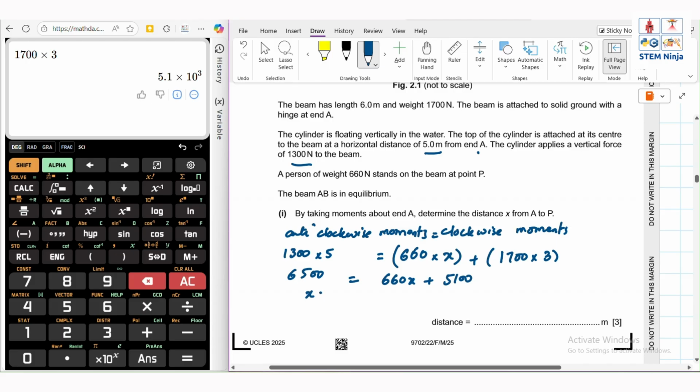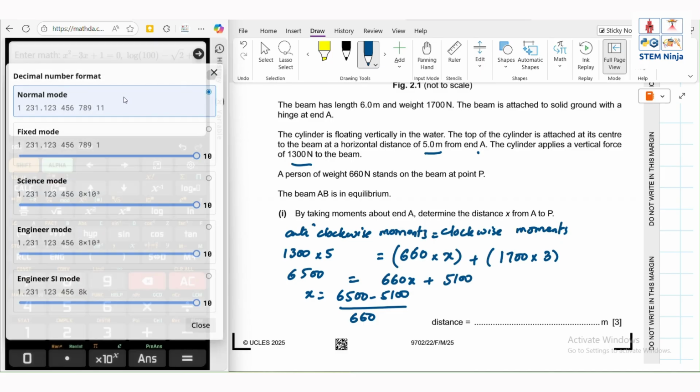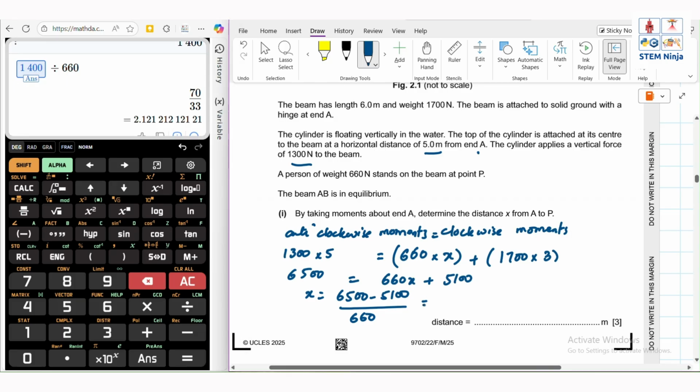So all we have to do to find x is 6500 minus 5100, divided by 660. This is 2.12, or 2.1 meters.